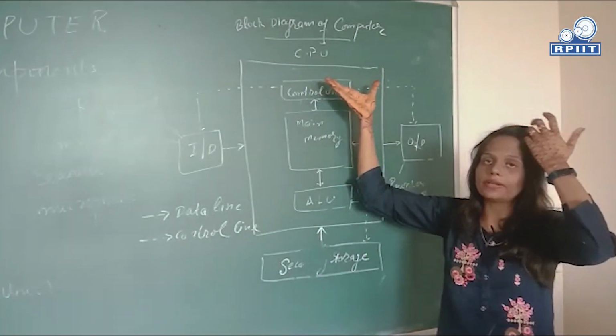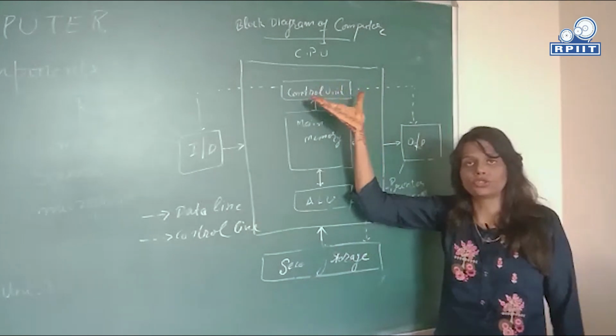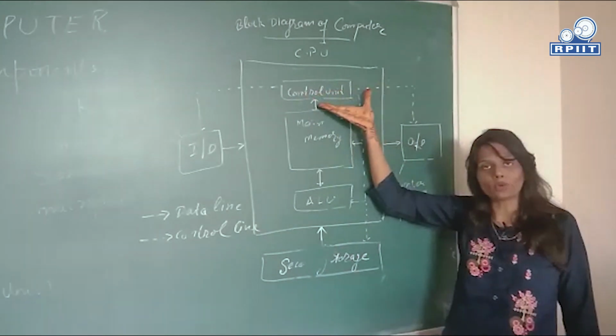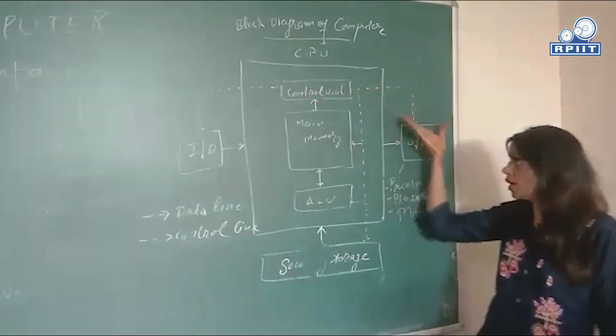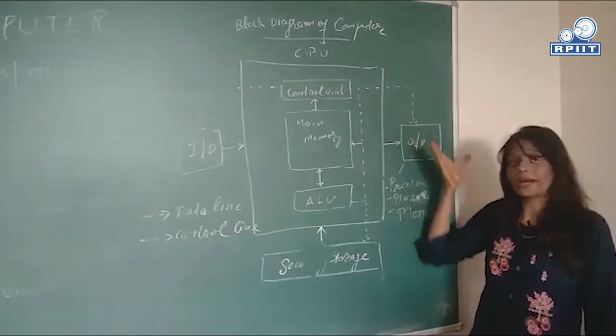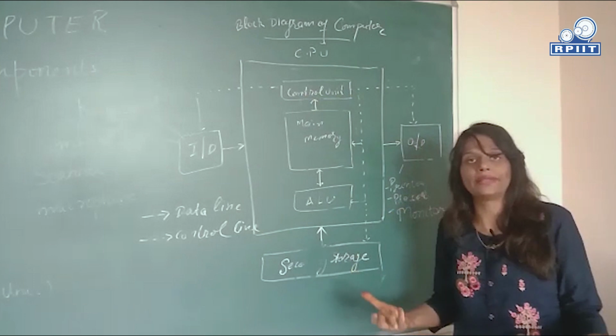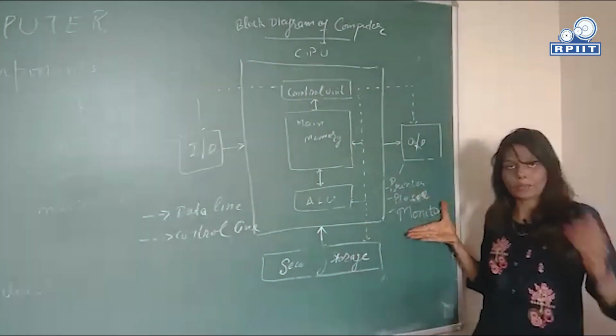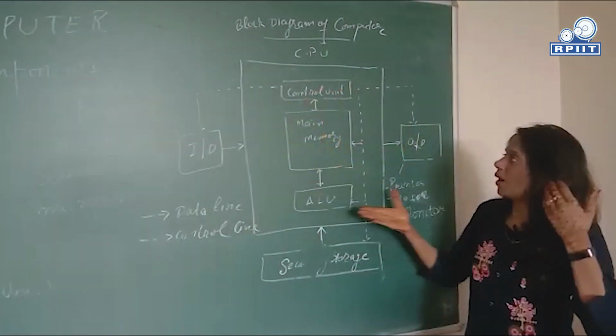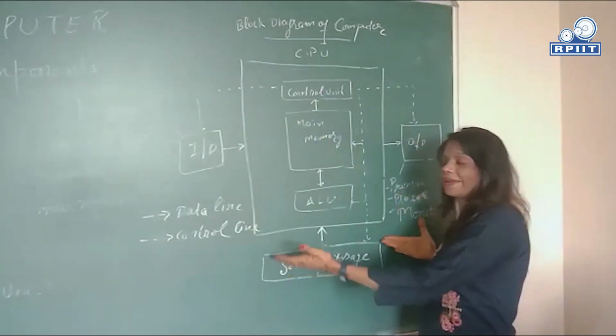Then the main function of the control unit is to show that output to the output device, in readable form that is understandable by the user. So these are the different types of output devices. This is the part of the main block diagram of a computer.